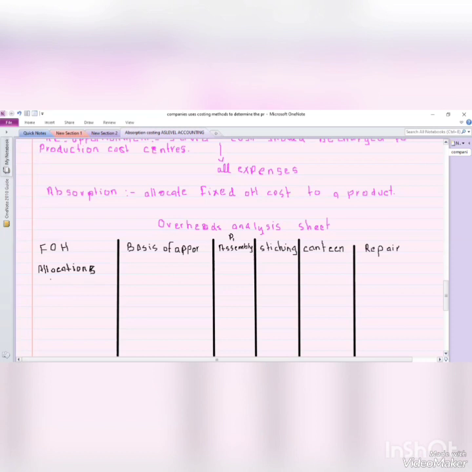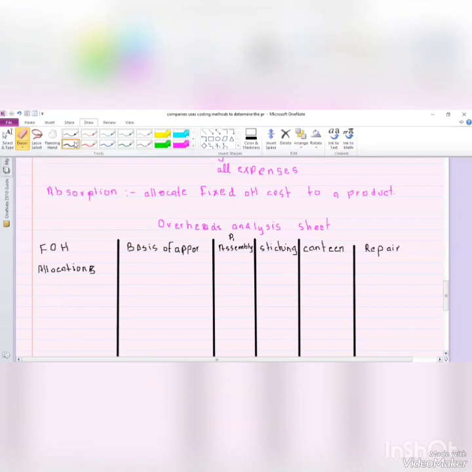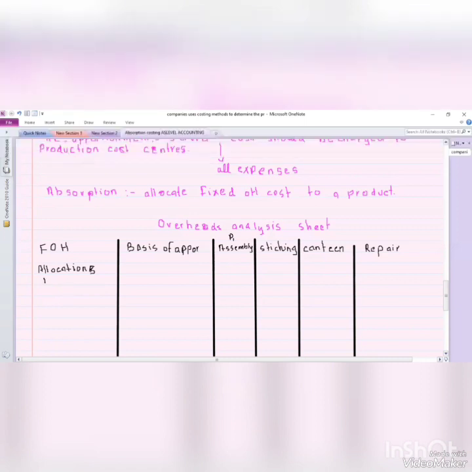What type of cost do you think are specific costs? We basically have two specific costs. The first one is direct labor, and the second one is direct material.